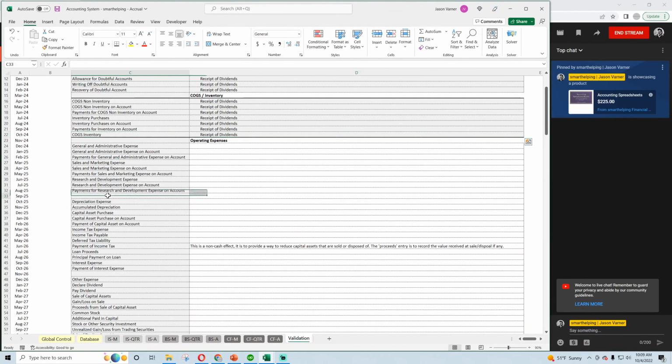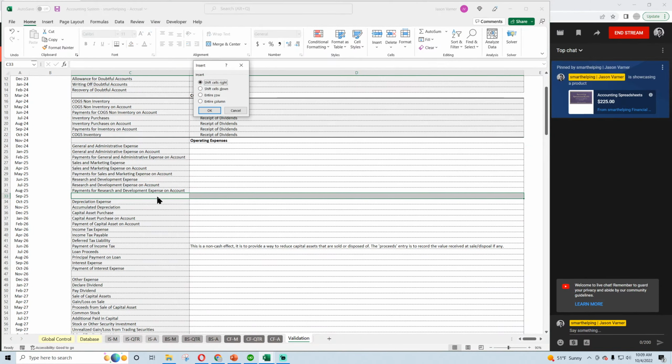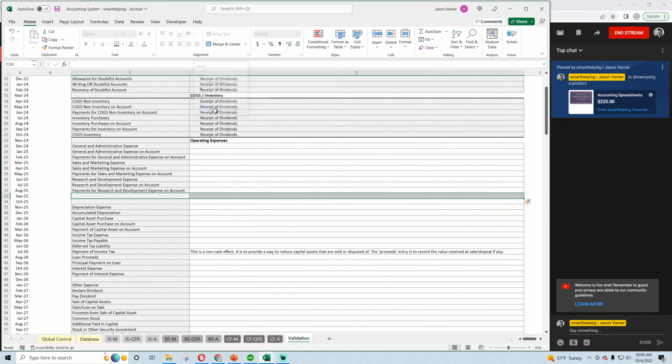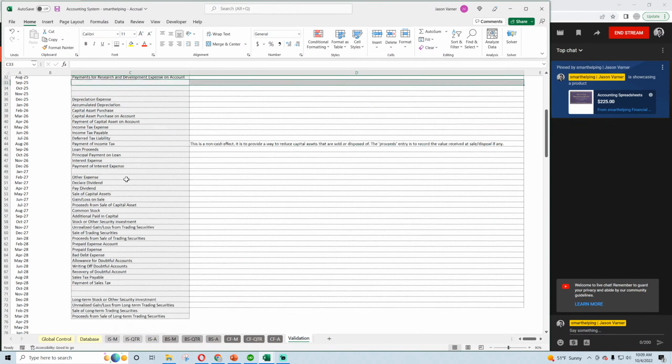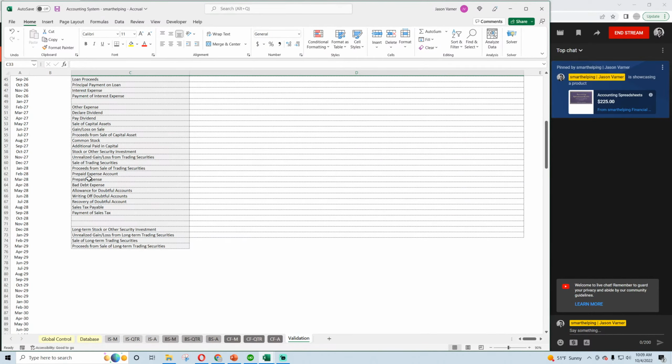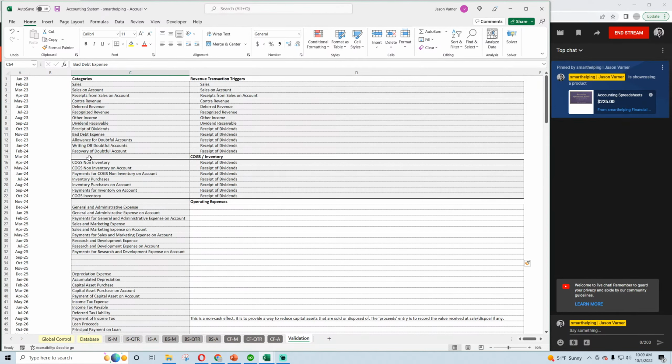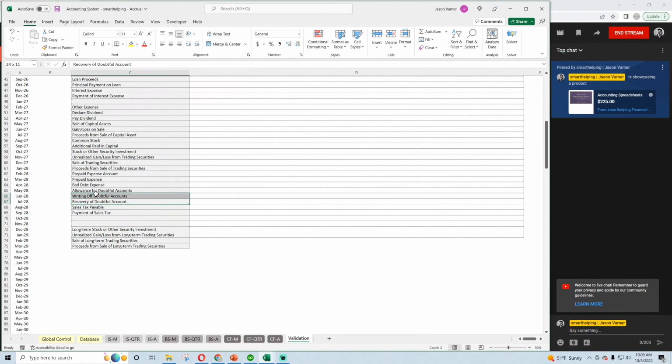This now OpEx, and then yeah, we want the prepaid stuff in here. So we want prepaid expense. Wait, so all this we just moved up here. Bad debt all the way to recovery of doubtful accounts. This is up there.